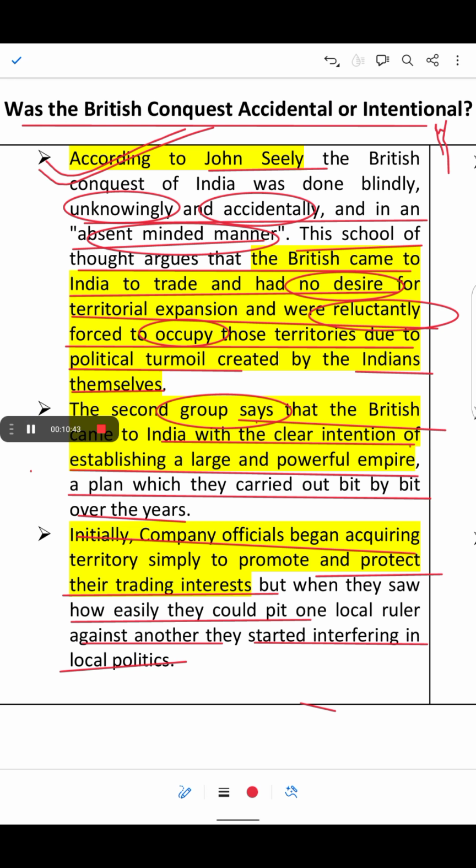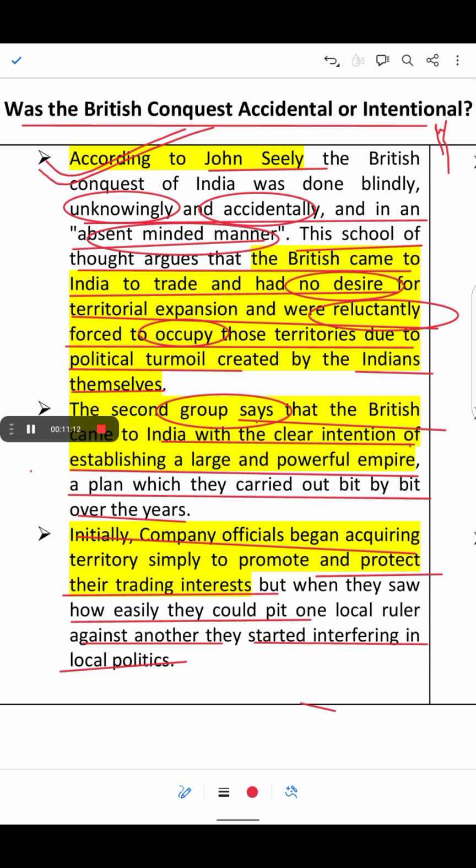Now the company would notice that the local rulers and the kingdoms often had conflicts and rivalries. Now what Britishers will do, they will support one ruler against the other, and thus they gained influence and control over other territories. For example, they provide military support to local rulers in exchange of the trading privilege or land.